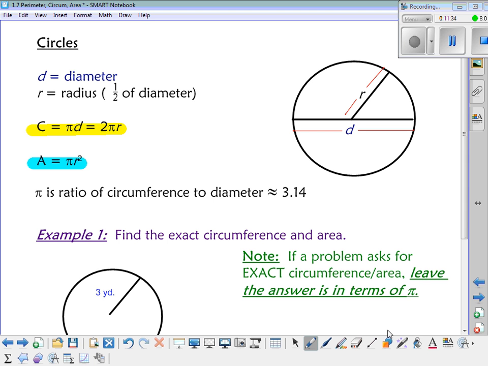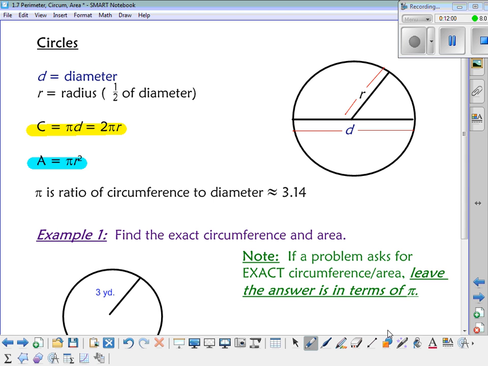It's really important to memorize these and keep them straight, because if you mix them up, you're going to get the wrong answer. So what pi is, it's the ratio of the circumference to the diameter. It's approximately 3.14. So for now, since we're not using calculators, you can use 3.14 to get the approximate circumference.